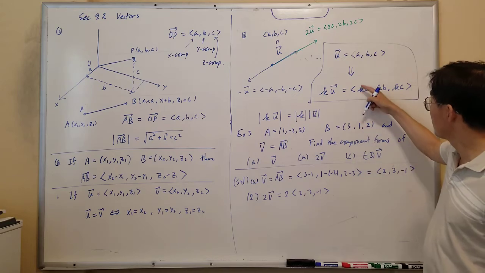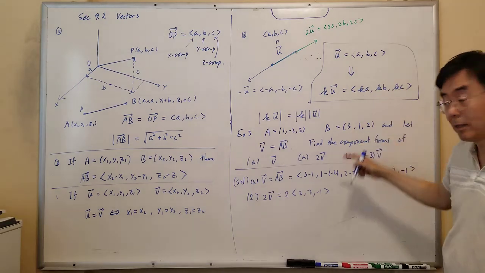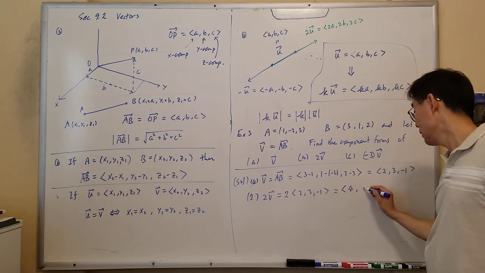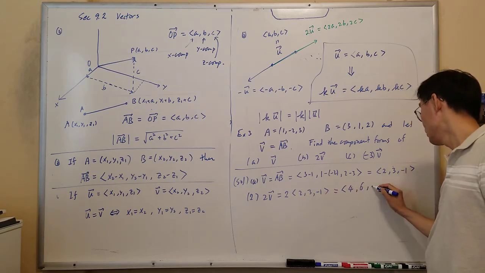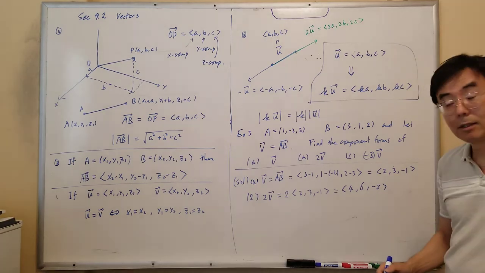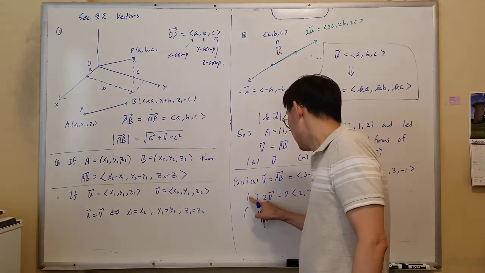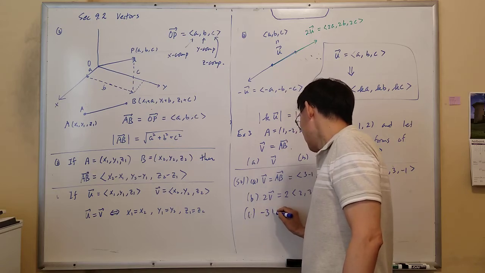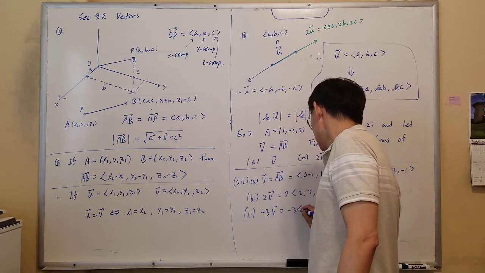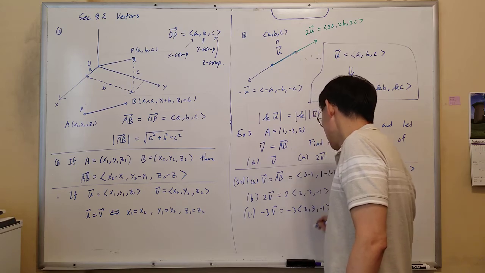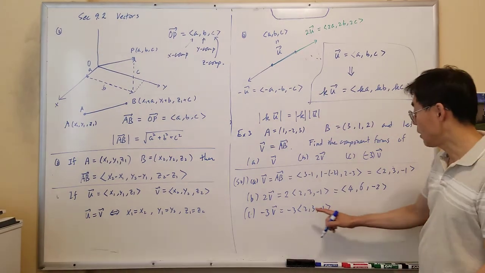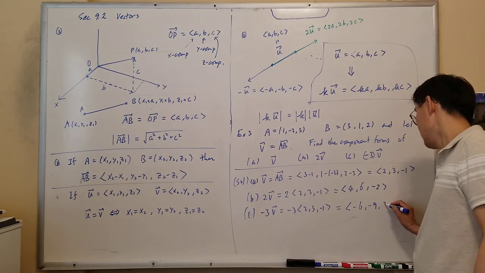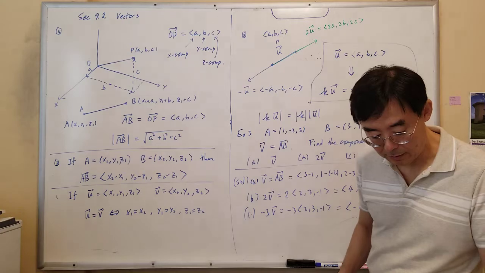Just multiply each component by that number. So 2 times 2 is 4, 2 times 3 is 6, 2 times negative 1 is negative 2. That's it. What about negative 3 times b? Well, negative 3 times (2, 3, -1). Again, you just do the same constant multiplication of each component. Negative 6, negative 9, and positive 3. Okay?